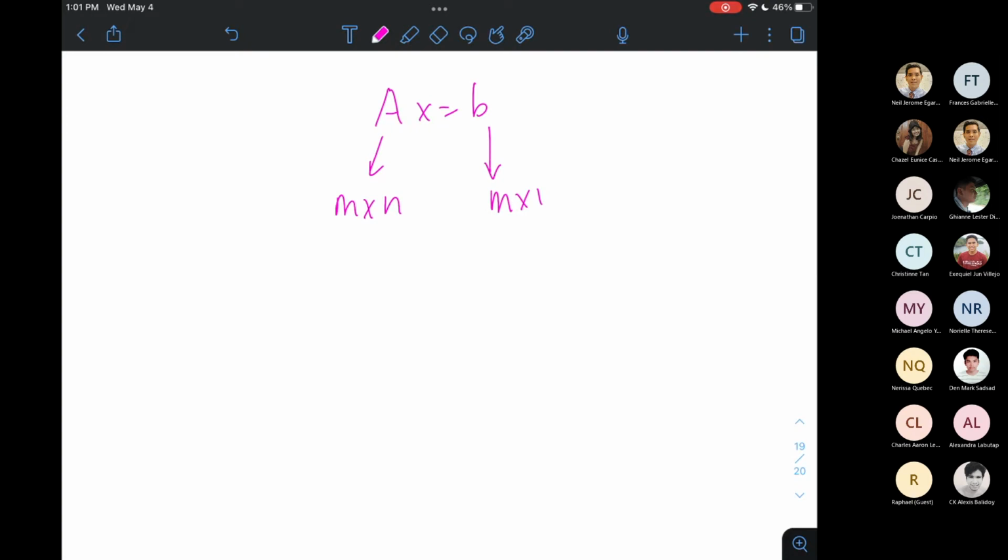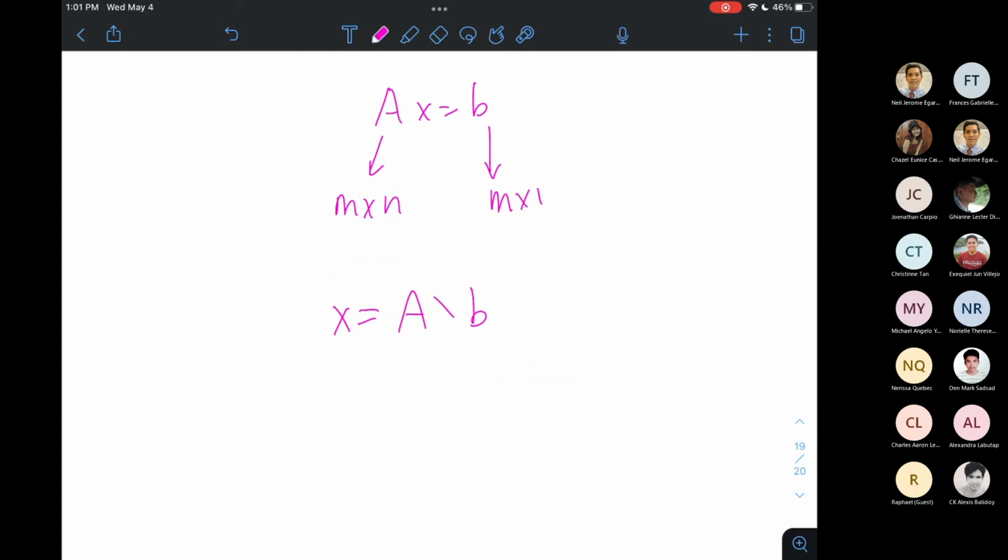Okay? So, pwede mong i-type si X ay equal kay A backslash B. Okay? Si A backslash B, actually, pwede mo itong gamitin kahit square si A or kahit si A ay non-singular, kahit siya ay singular or non-singular, it doesn't matter. For any matrix A, you can ask MATLAB to do this.